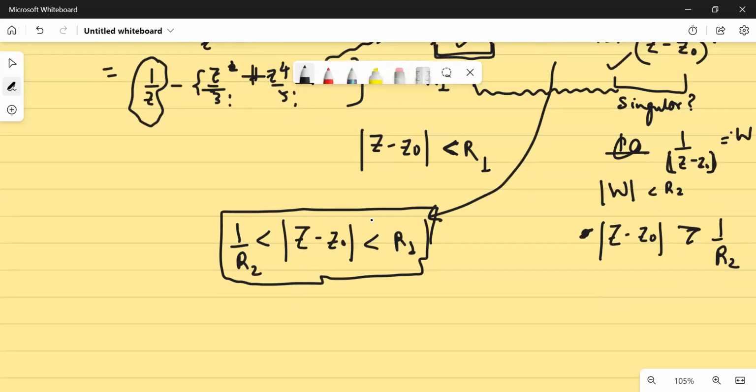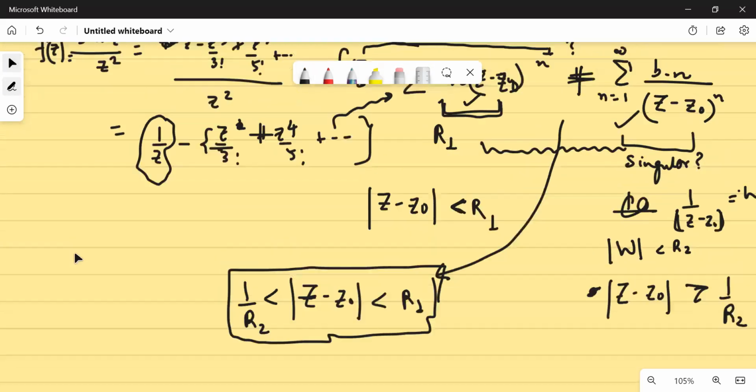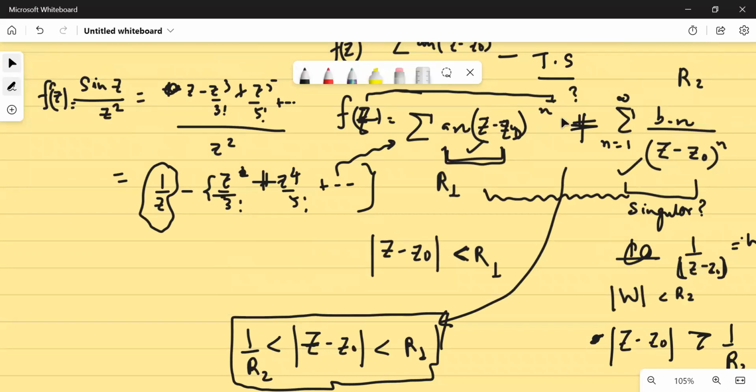And it's very easy to see that z naught has been removed, because at z equal to z naught, this will be equal to 0, and 0 cannot come between two positive numbers. Are you getting my point? At z equal to z naught, this will become 0. Would z naught lie in this region? No, because if z naught lies in this region, there's a problem.